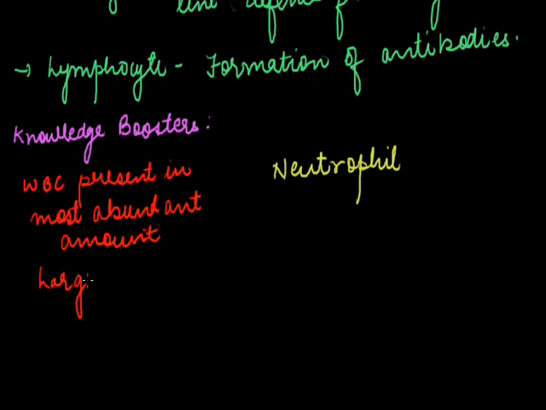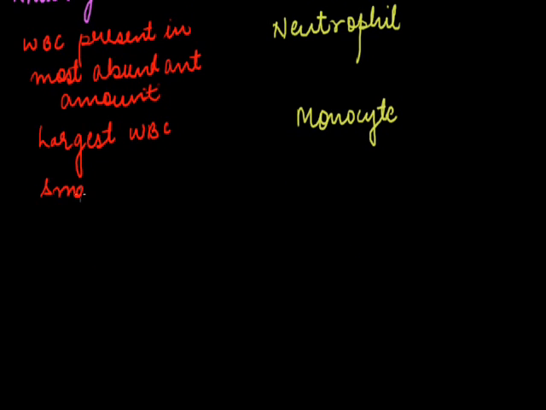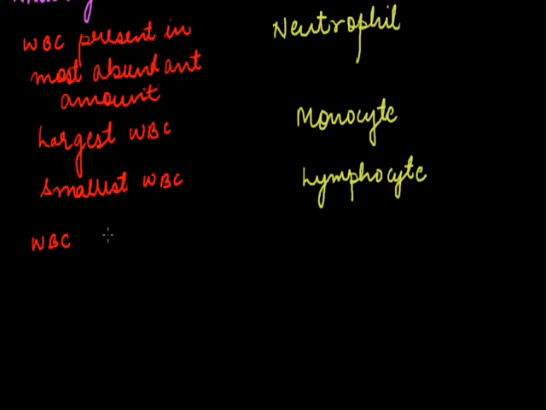Largest WBC is monocyte. Smallest WBC is lymphocyte. WBC present in minimal amount is basophil.